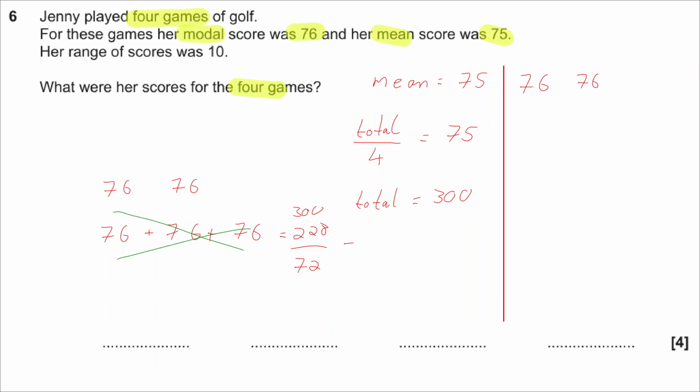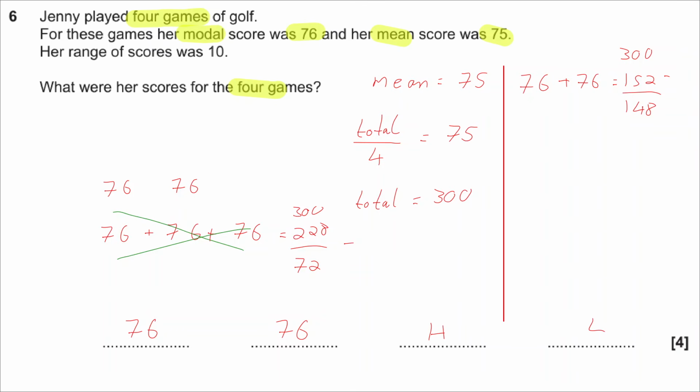If we add those together, you get a total of 152, which means from your total of 300, you have a difference left over of 148. So I'm going to put here, you've got 76 for sure, you've got 76, and then you're going to have a higher number and a lower number down here.